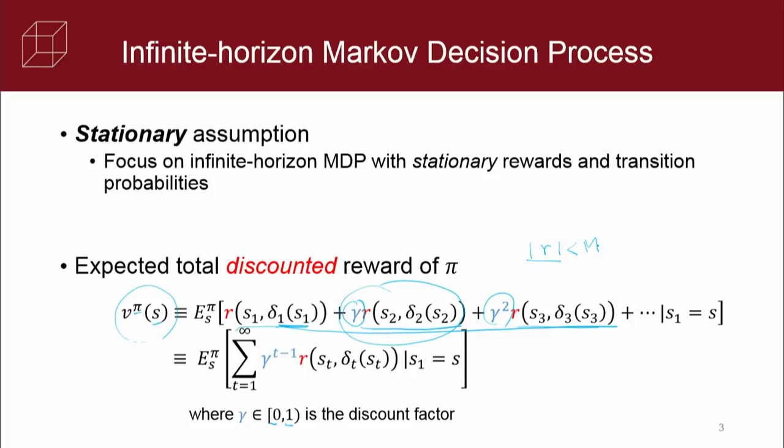So this ensures the convergence of this sum. The sum occurs over the infinite horizon, so it is possible to fail to converge. This ensures the convergence of the sum and hence the existence of the value of this v.